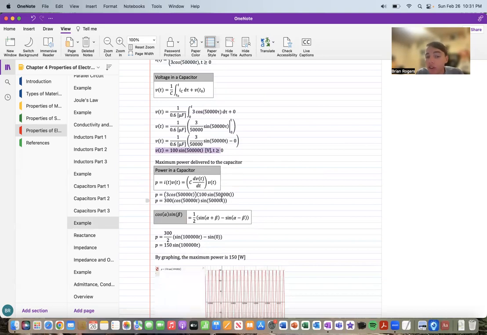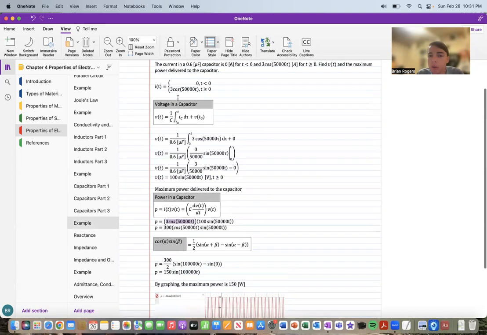Now in order to determine the power, remember power is equal to current times voltage, and we know current is the capacitance times the derivative of voltage. So here, plugging in our current, 3 cosine 50,000t, we were able to find our voltage.